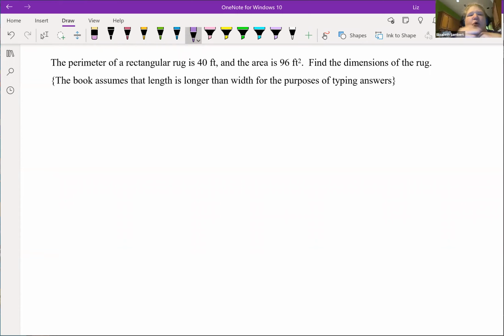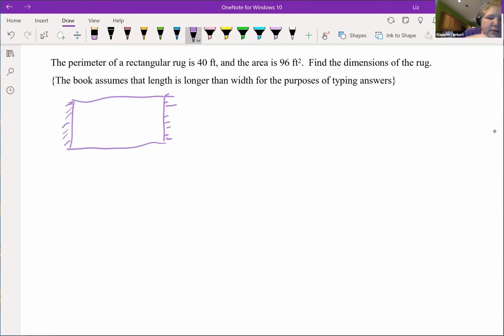All right, so we need some equations. So I have a rectangular rug. There we go, lovely rug. And the perimeter is all the way around. I need some variables in here. Find the dimensions. The dimensions are the length and the width.